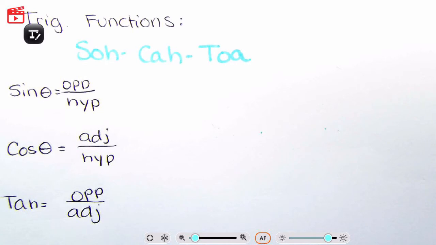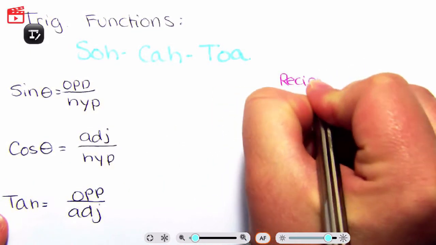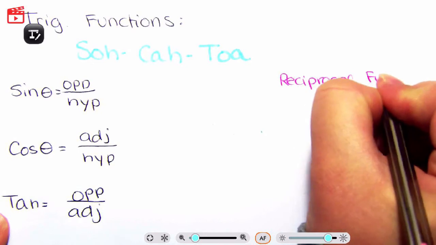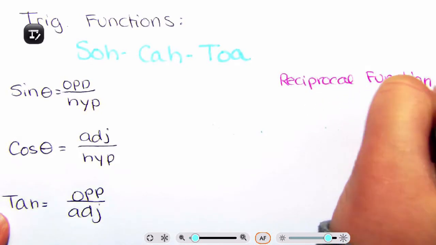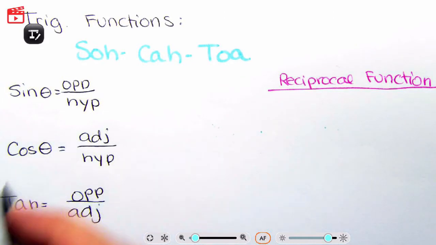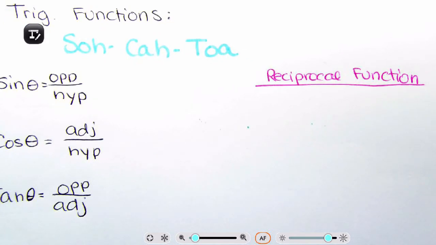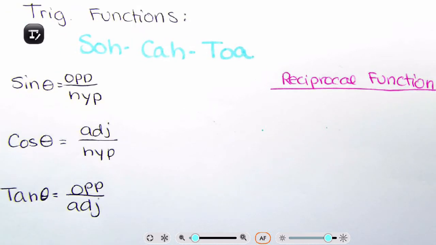Now, besides these trig functions, we also have these reciprocal functions. So not only do you have to memorize sine, cosine, tangent, and I forgot my theta here, you also need to memorize the reciprocal functions and what those are. So what does it mean to be a reciprocal? A reciprocal means that you're taking whatever fraction you have and you're making it flip-flop.